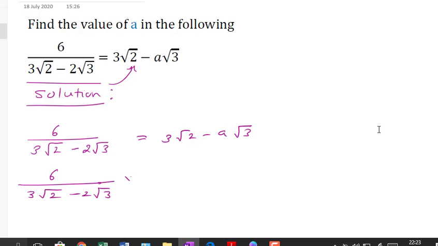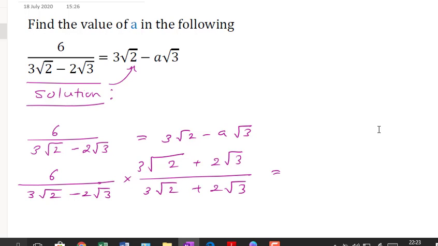To rationalize the denominator, we multiply and divide by 3 root 2 plus 2 root 3. If I multiply and divide by the same number, there is no effect on the ratio. On the right hand side, it is 3 root 2 minus a root 3.